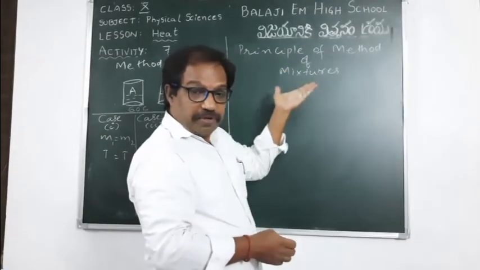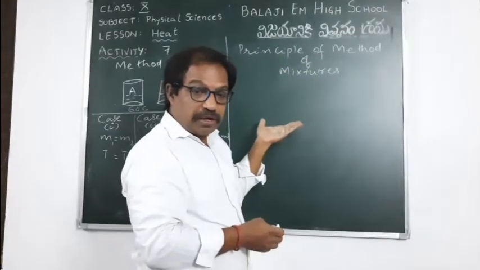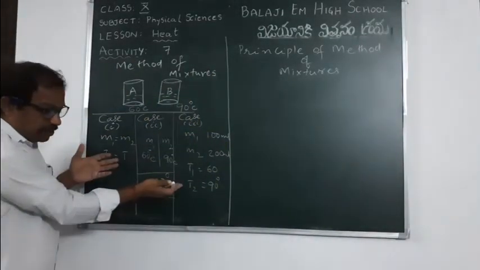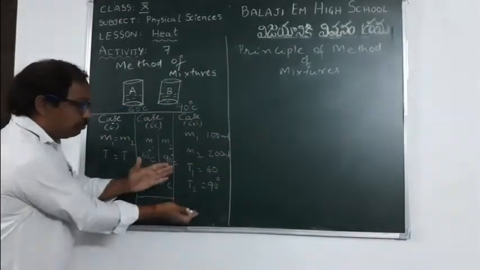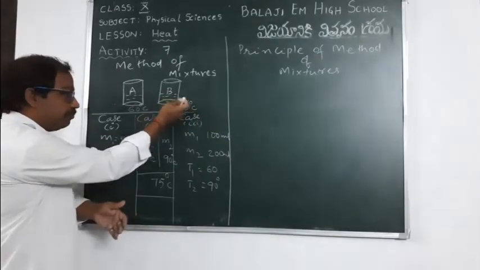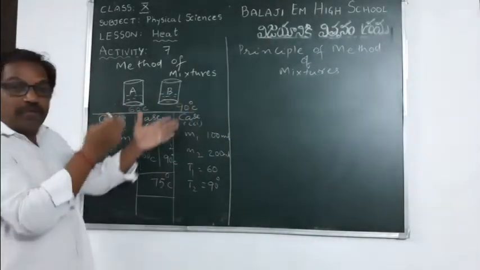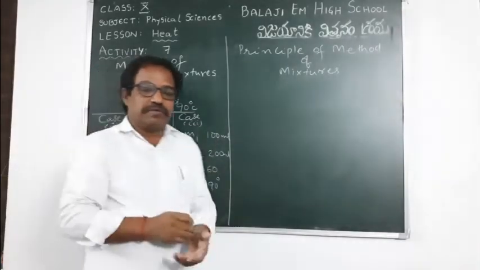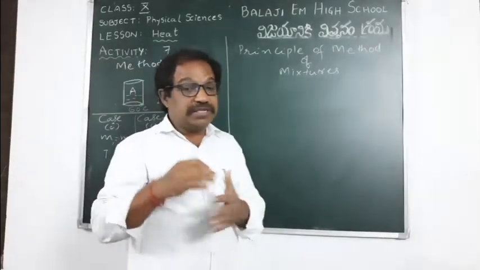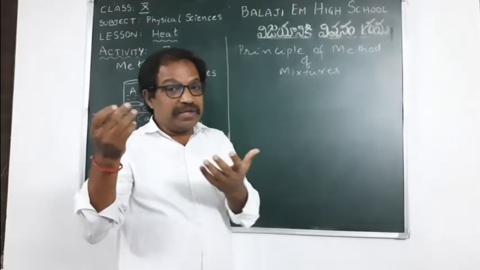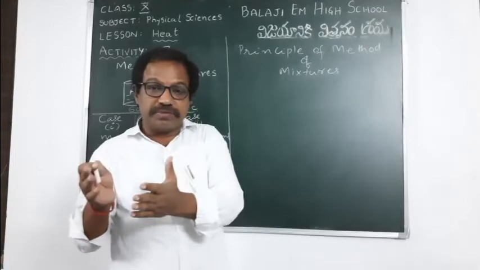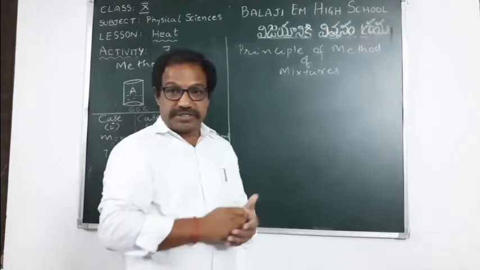In the principle of method of mixtures, if you observe, heat is transferred from one body to another body, from B to A. Then how much temperature does it attain? Normally, when you follow the conservation laws, heat can neither be created nor destroyed, it transfers or changes its form.